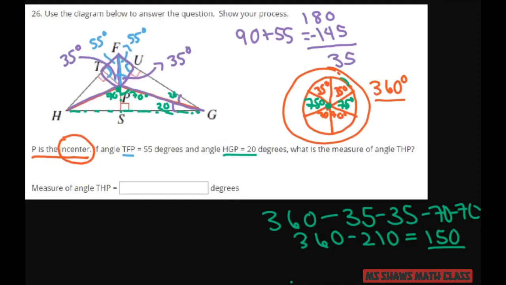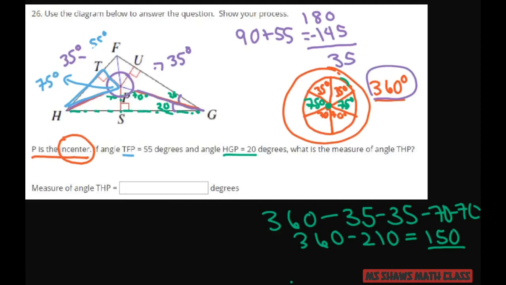So all these angles in this circle area should equal 360. Now for the part we want, I know this angle here is 75.